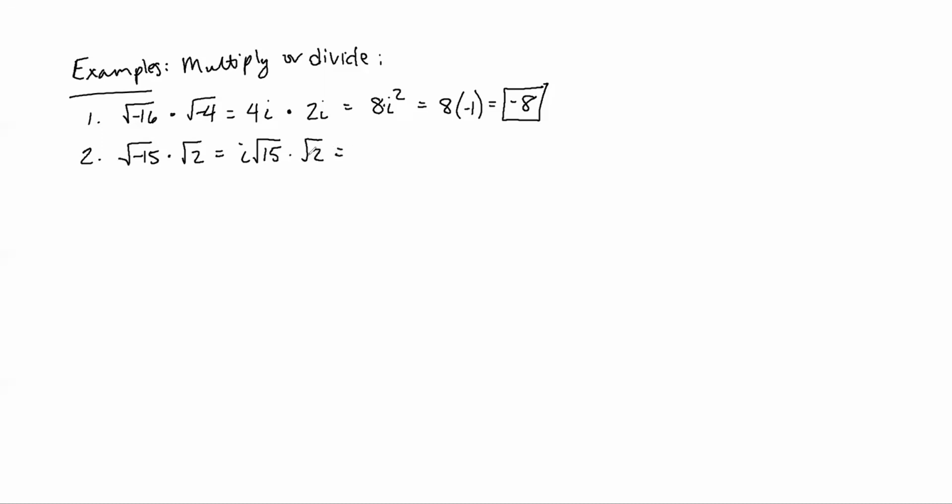Now, if I multiply these radicals together, we leave that i in the front, and we have the square root of 30 from the 15 times 2. Now, can we break down this 30? We have 1 and 30, 2 and 15, 3 and 10, and 5 and 6. None of these are a perfect square, so this is as far as we can go.